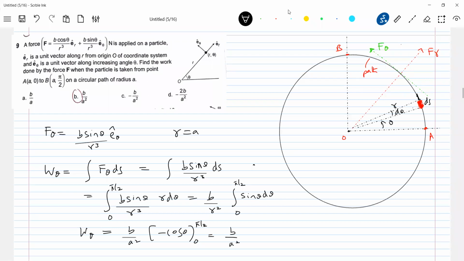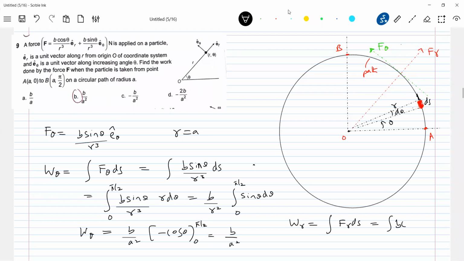Similarly, let's go for the work done by the radial force. Work done by the radial force is Fr ds. So everywhere how will Fr be acting? What is Fr?